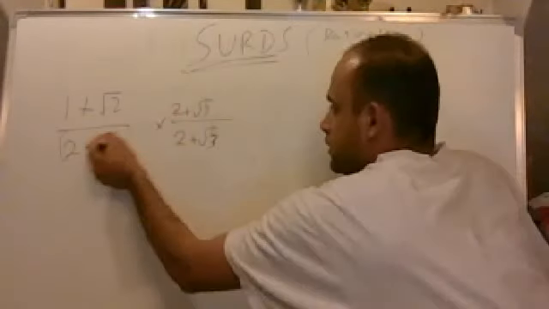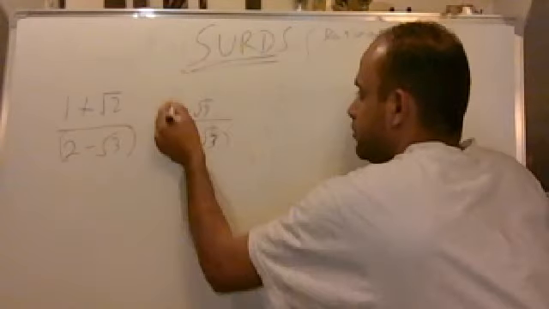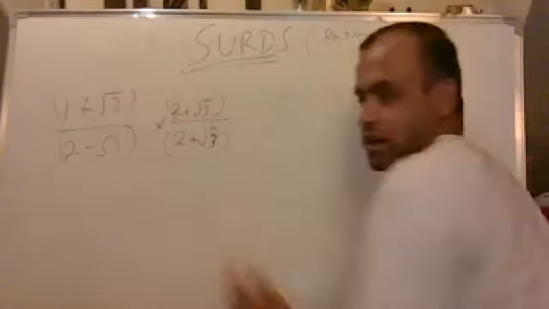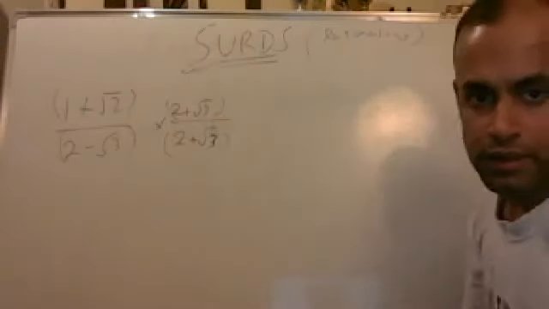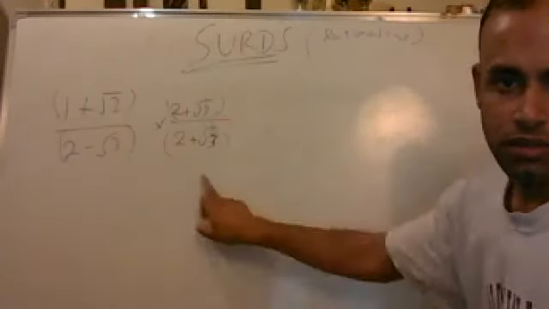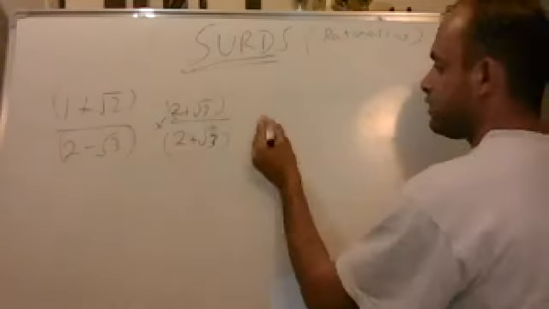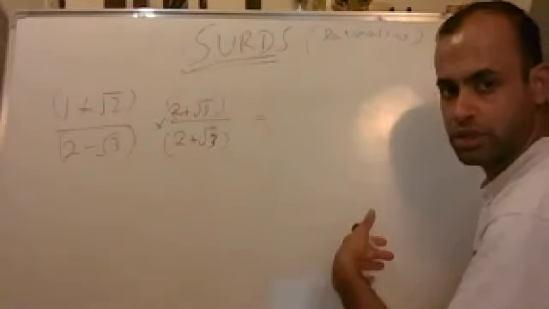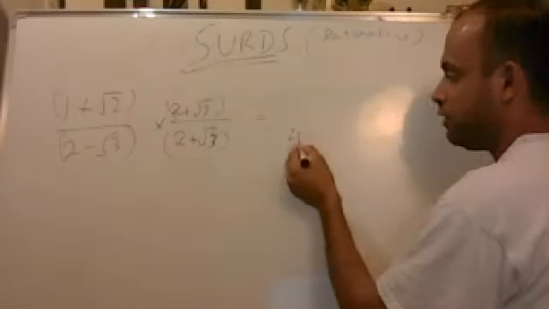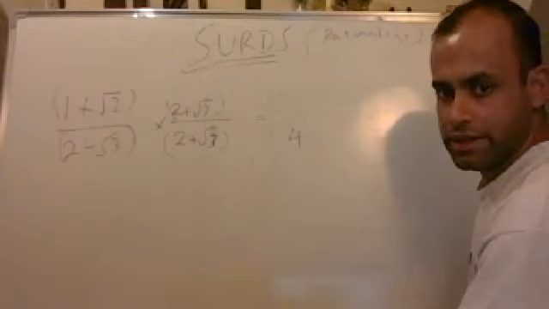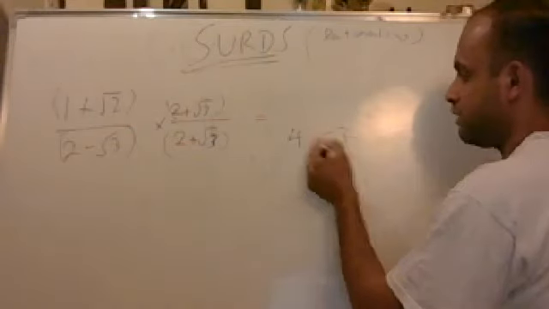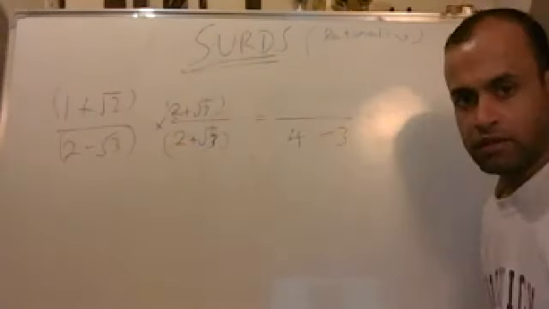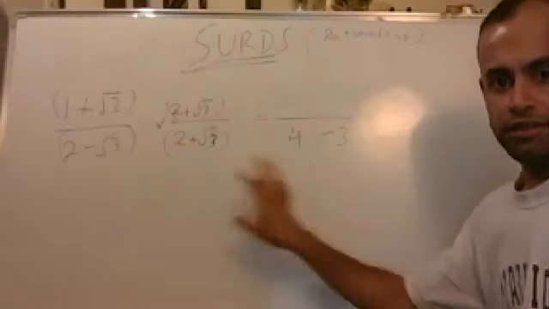This is a difference of 2 squares. So you just put brackets around all these 4 parts. 2 minus root 3, 2 plus root 3 is same as 2 squared minus root 3 squared. 2 squared is 4, root 3 squared is 3 itself, so it'll be 4 minus 3. So I've done my denominator already, so did you get that?